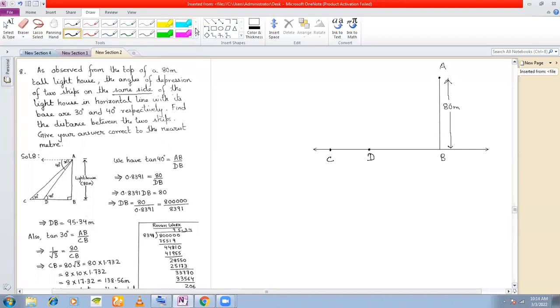So what you do is, if the angle of depression is given, that means the observer is standing at a higher position, and these two are your objects. Right? Now we draw the line of sight.